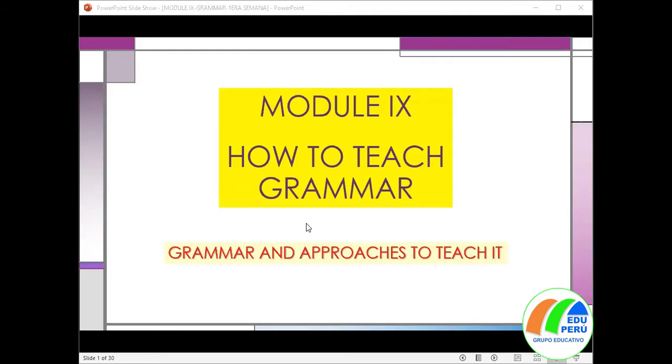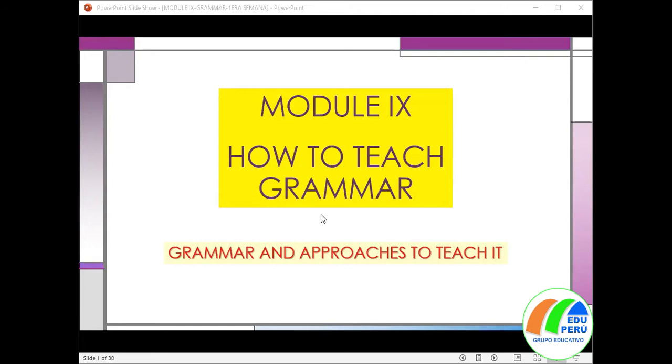The third and the fourth session are going to be about vocabulary. So in this module we are going to talk about 2 topics, grammar and vocabulary.